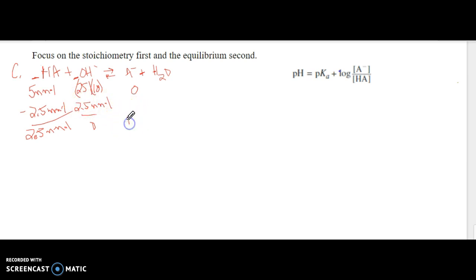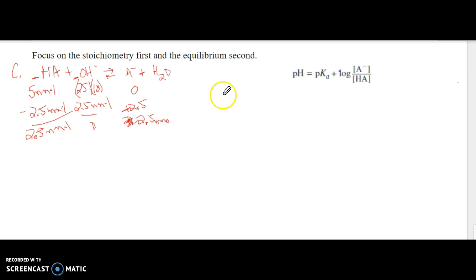So that would give us a total of 2.5 millimoles.